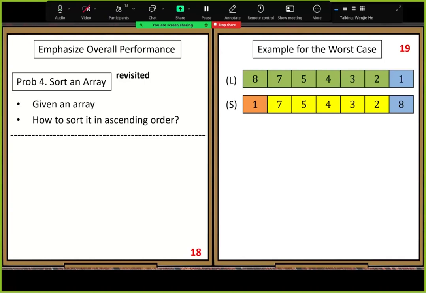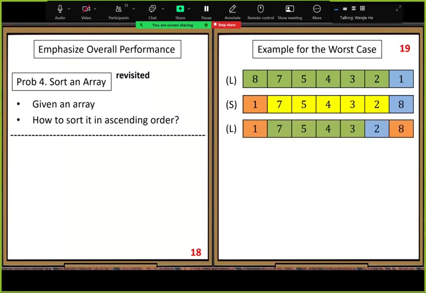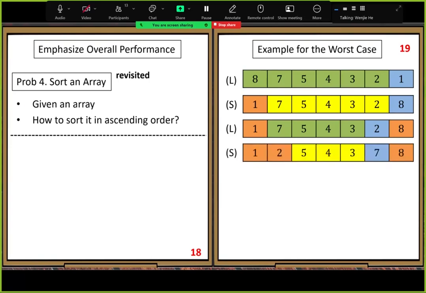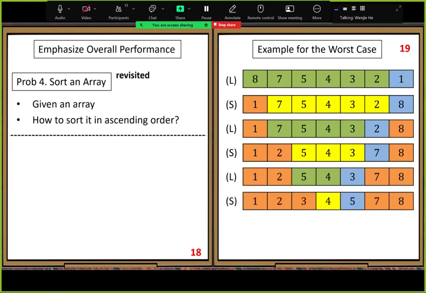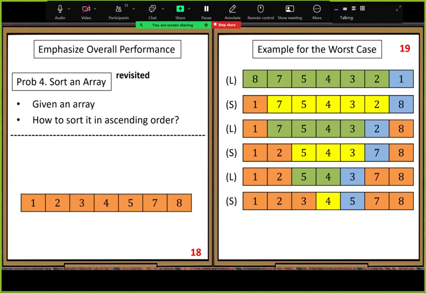If we run the quicksort using our standard partition step, you can see after one partition we get an array state like this. Another partition, we get an array state like this. Then another partition, like that. At the end, this is the last partition step, and you get the whole array sorted.